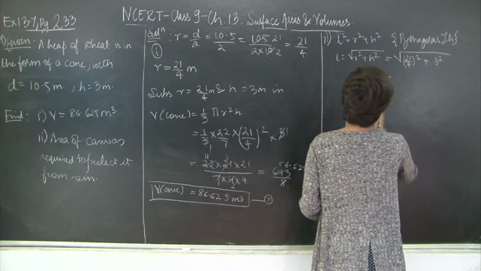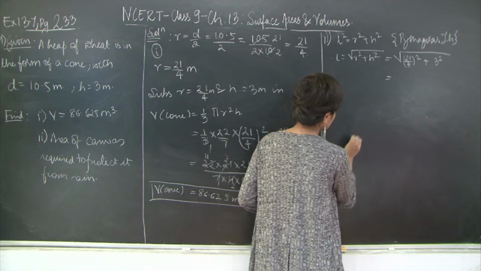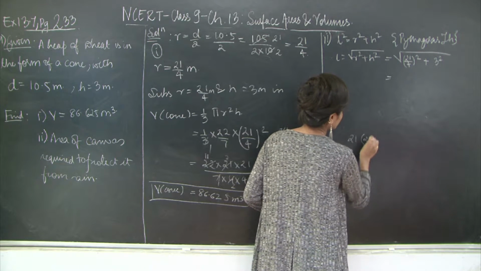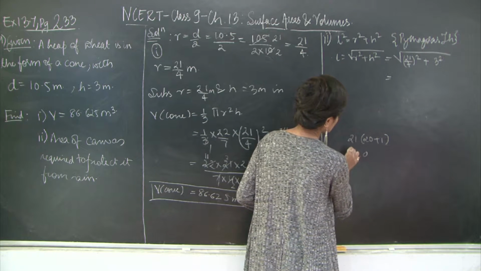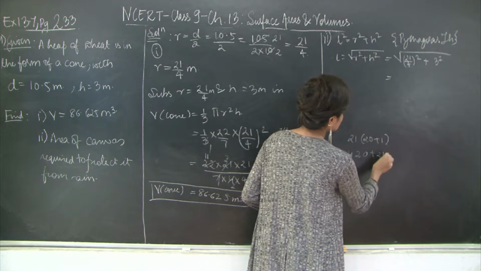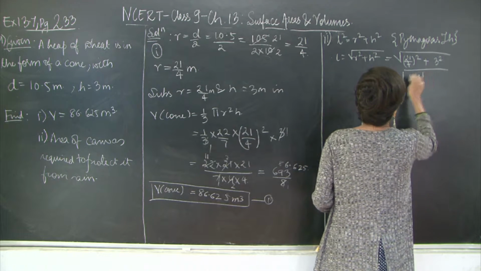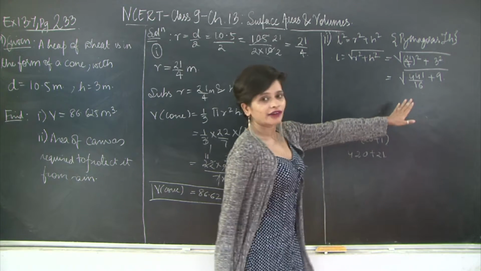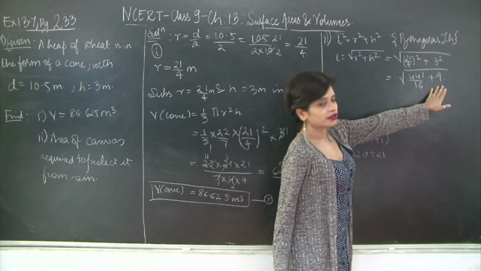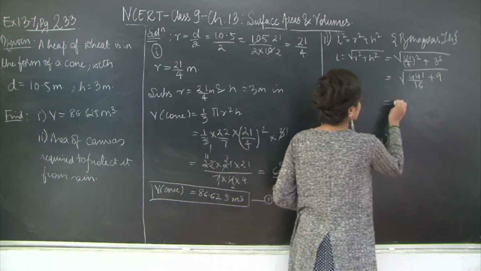So 21 into 21 is 441, I'm assuming. Let's just check. 21 into 21. So 2 ones are 2 and 2 twos are 4 plus 21. So yeah, it is 441 upon 16 plus 9. Now you have a fraction over here and you have a whole number out here. So we are going to take the LCM inside.